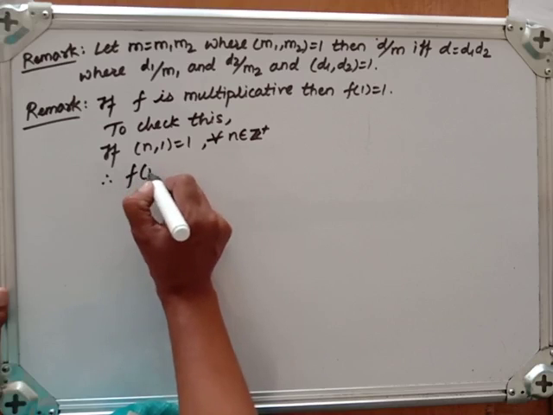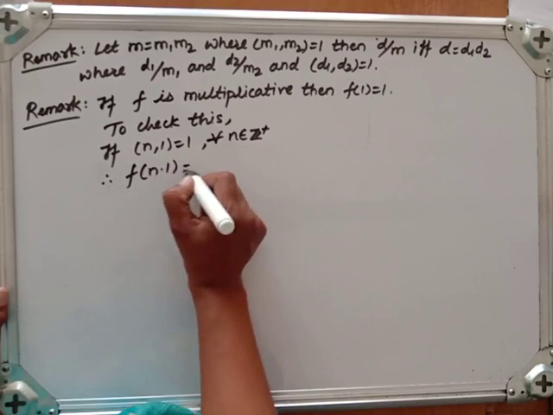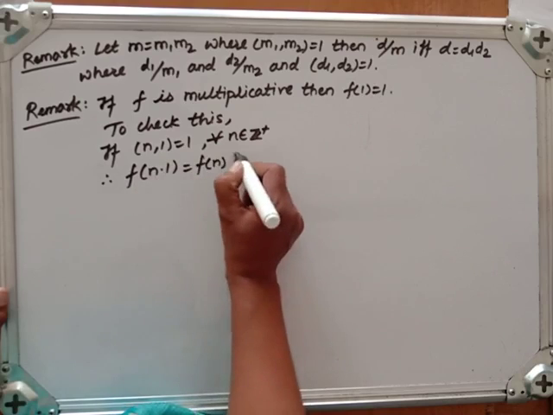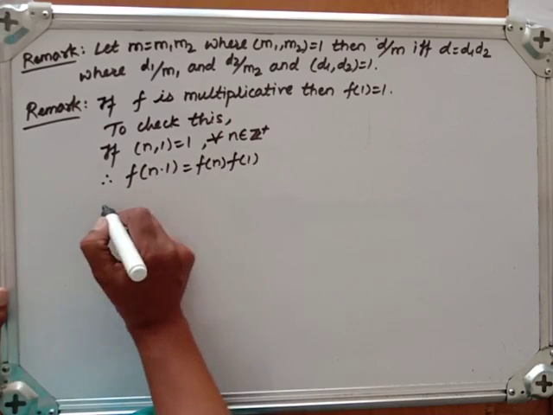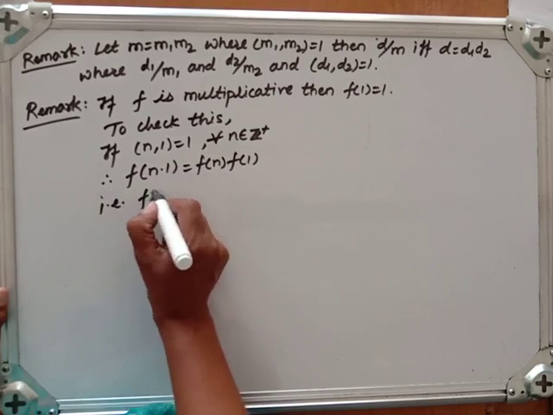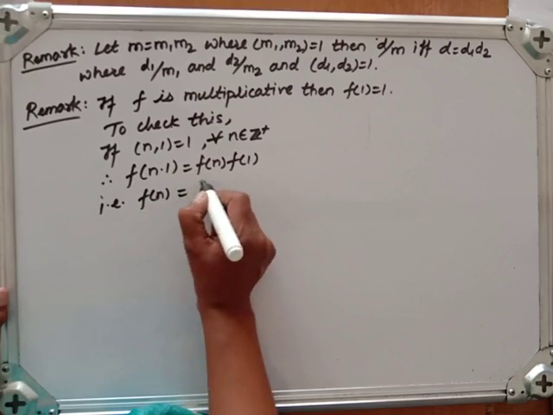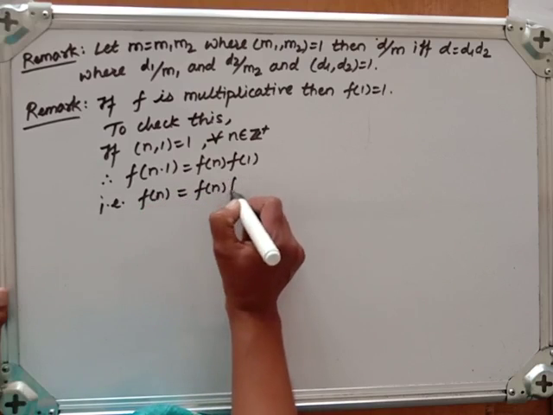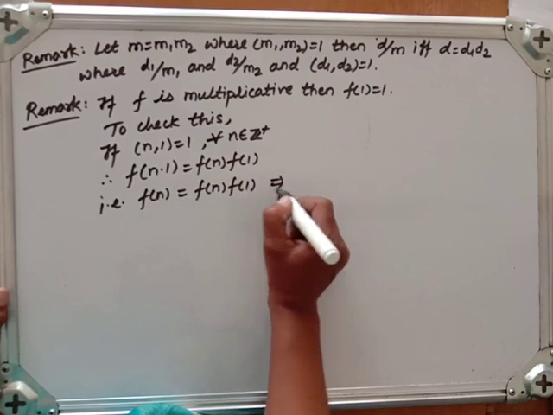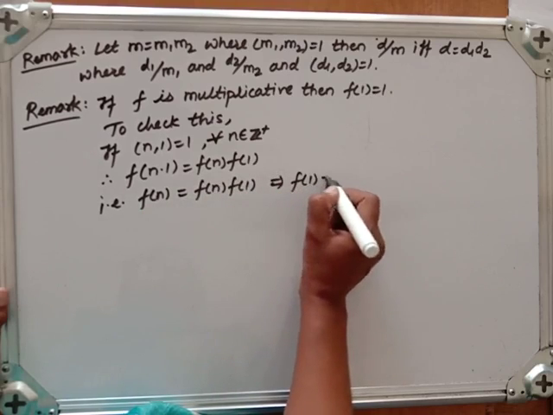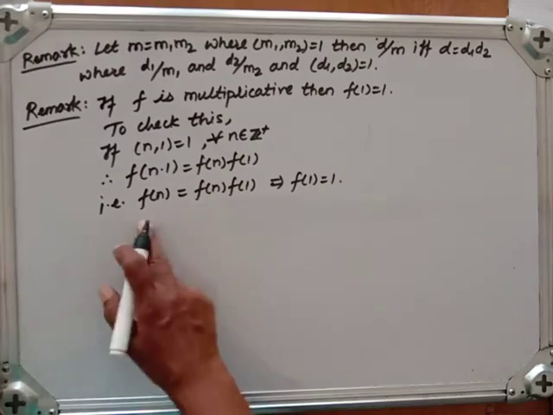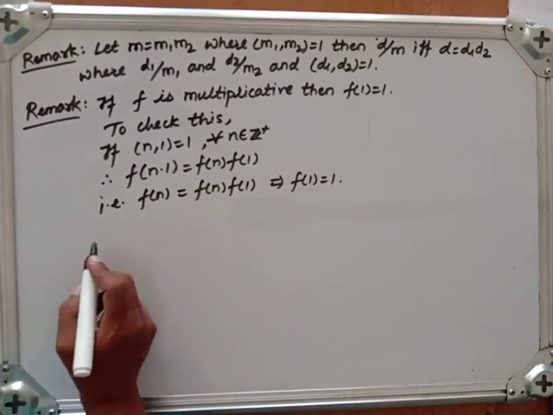Therefore, f of n into 1 is equal to f of n into f of 1. That is, f of n is equal to f of n into f of 1. That gives f of 1 is equal to 1. Comparing both sides, we get f of 1 is 1.